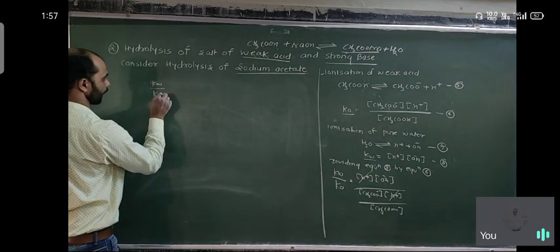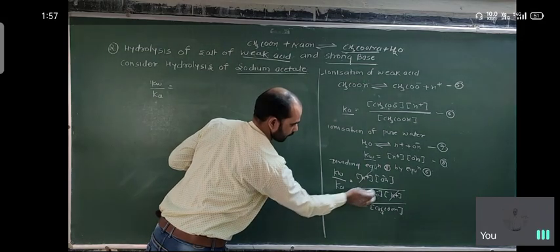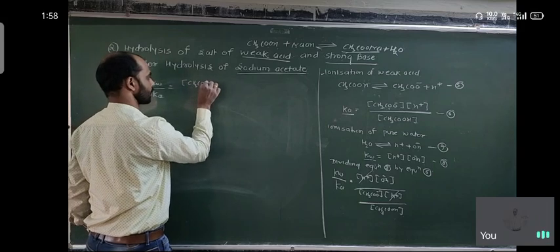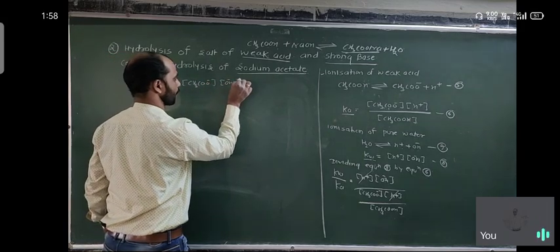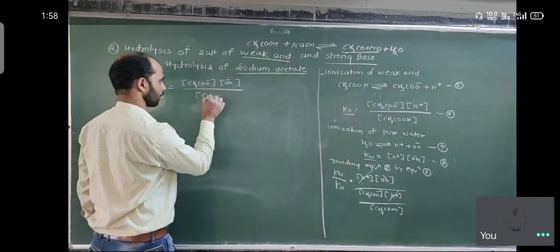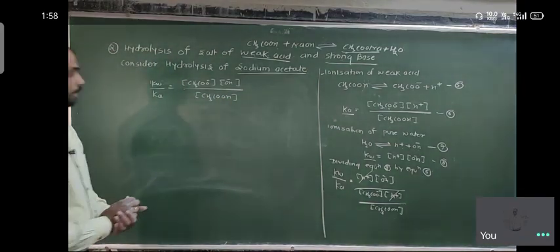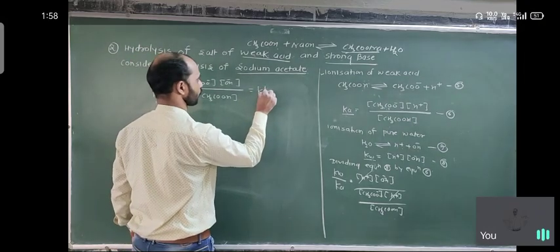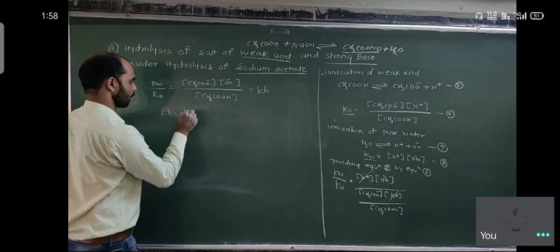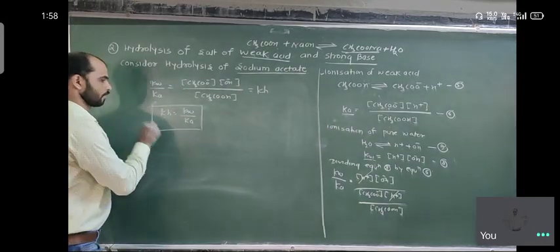Kw upon Ka is equal to, on this side, only acetate anion and OH anion: the concentration of acetate anion and hydroxide anion upon acetic acid, and this is equal to Kh. That means Kh is equal to Kw upon Ka.